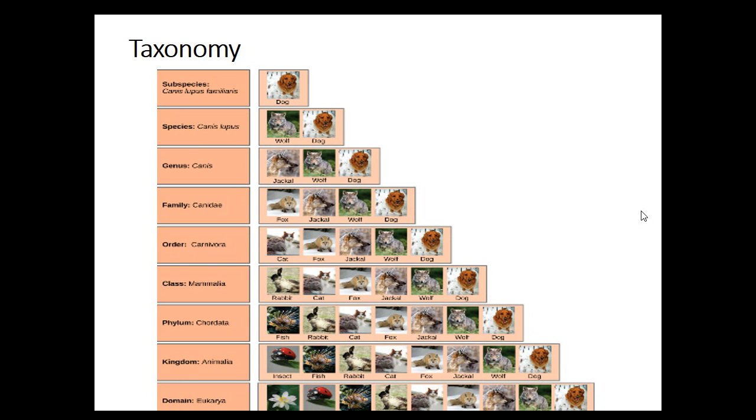Anyway, so the domain eukaryote includes plants, animals, fungi, protists.